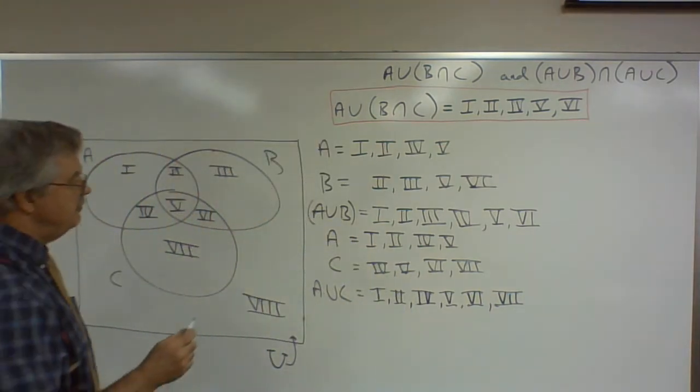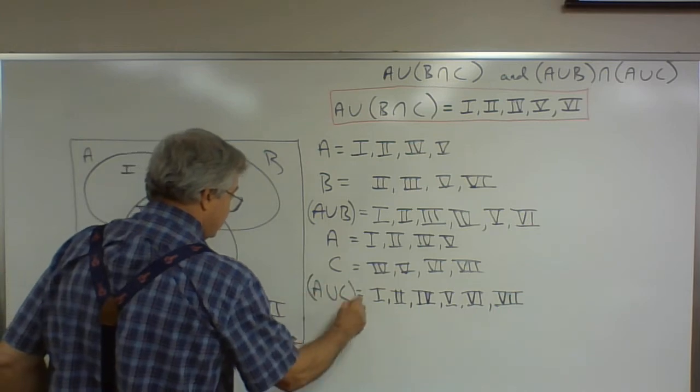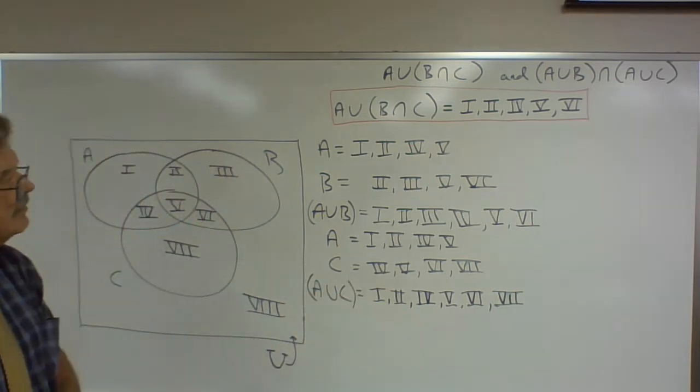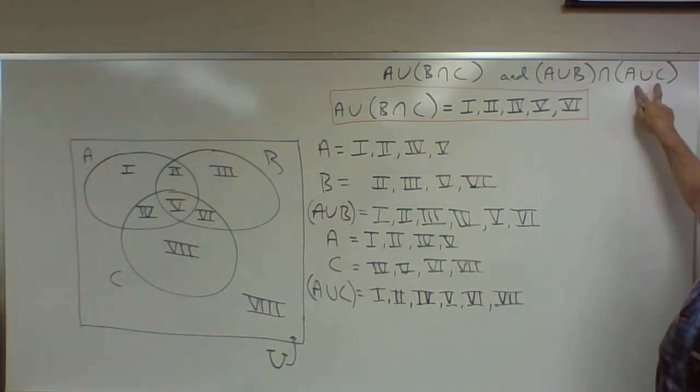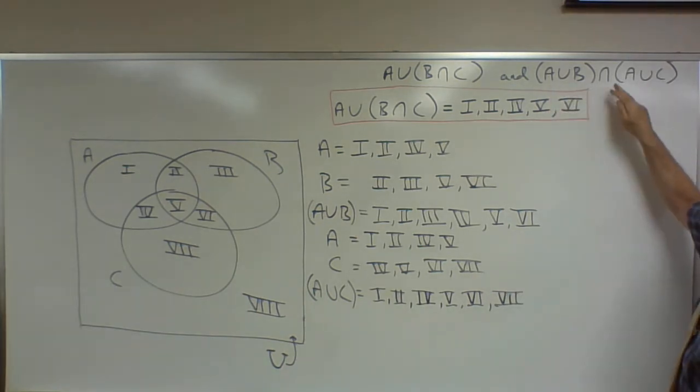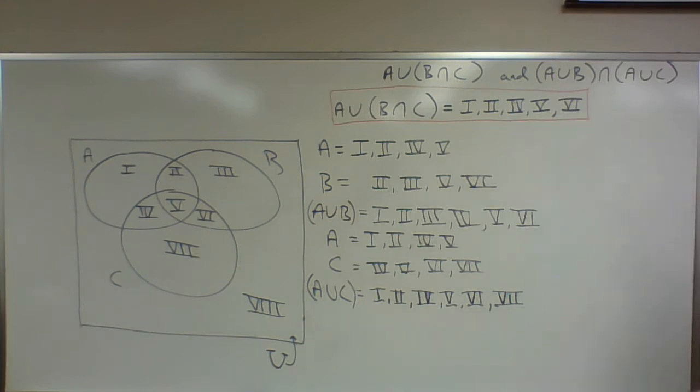So we've got this ugly set computed. We've got A union B, we've got A union C. Now we just have to do the intersection of the two.